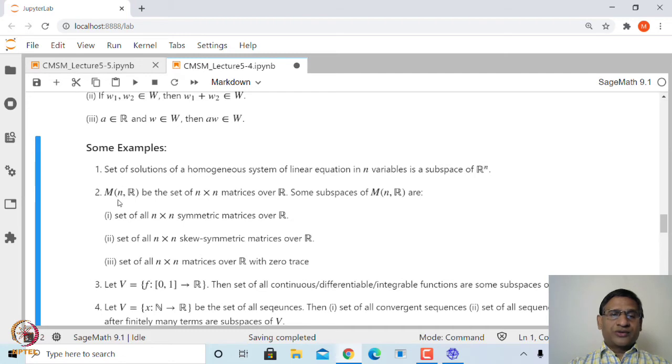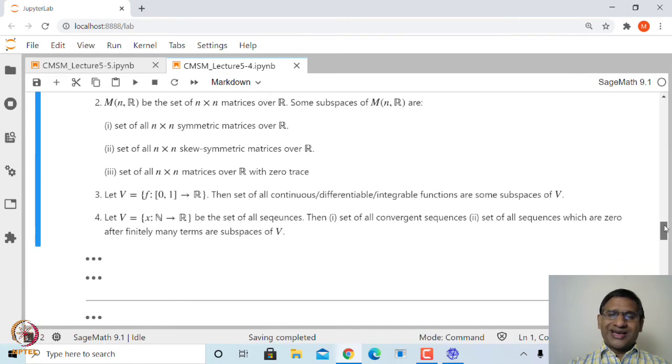If I look at, for example, the set of all n cross n matrices over R, then you can find many subspaces. For example, one of them is the set of all n cross n symmetric matrices over R. Similarly, n cross n skew symmetric matrices over R, or the set of all n cross n matrices whose trace is 0. Trace is 0 is the same as saying the sum of the diagonal entries is 0, and you can find many more.